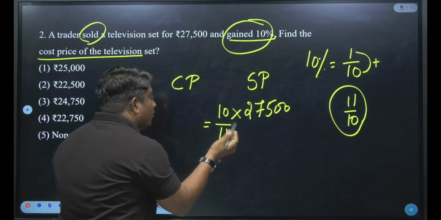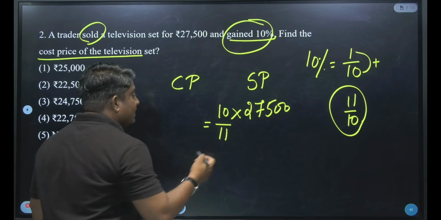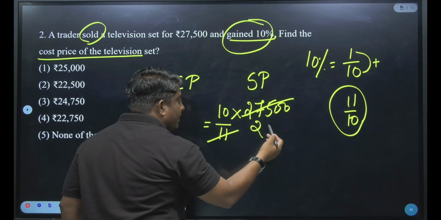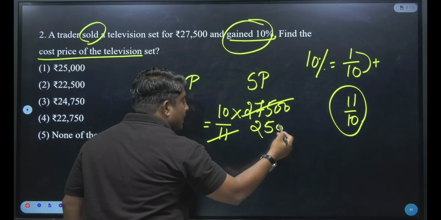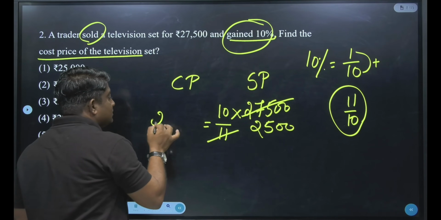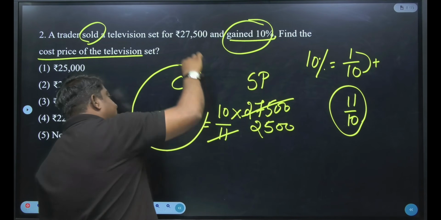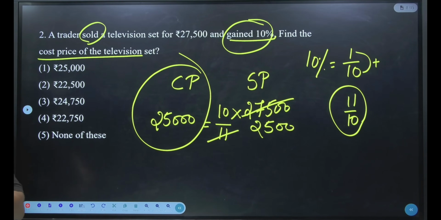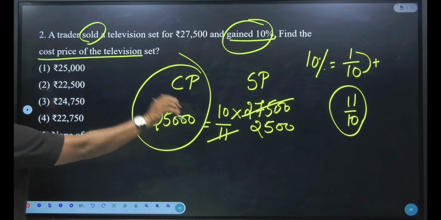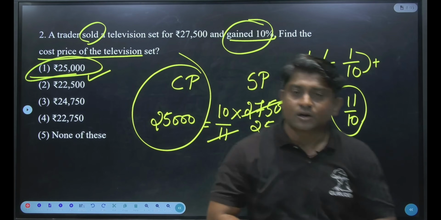Because I want the cost price, I'll reverse this ratio. Now if I cancel this, 11 ones are 11, 11 twos are 22, 5 remainder, 11 fives are 55, and this 00. 2500 into 10 is nothing but 25,000. That means the cost price of the television can be easily determined with the help of fractions. Option number 1 will be the right answer for this question.